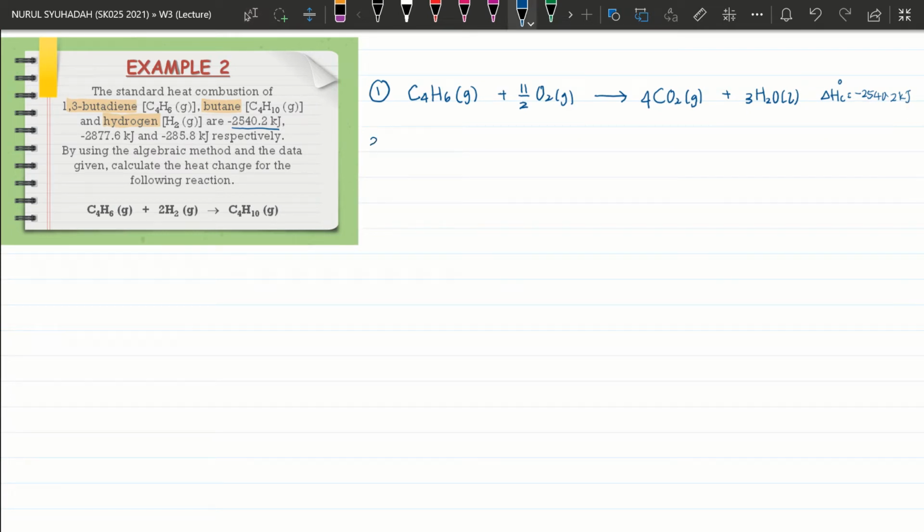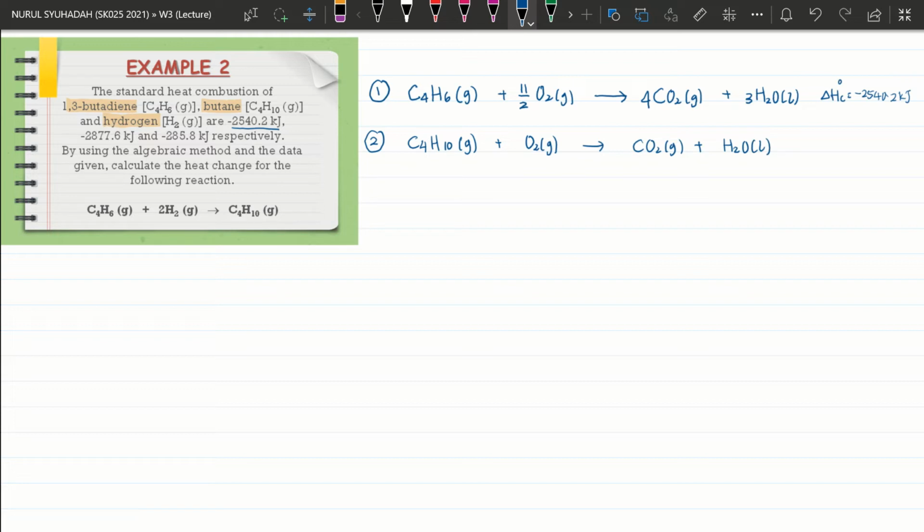Next, the second equation is for butane. C4H10 gas plus oxygen gas to produce carbon dioxide and H2O.